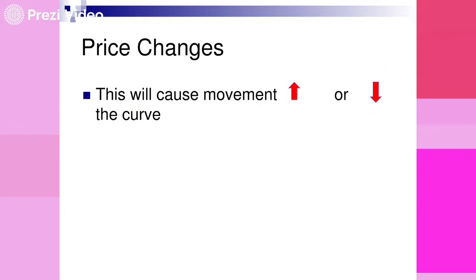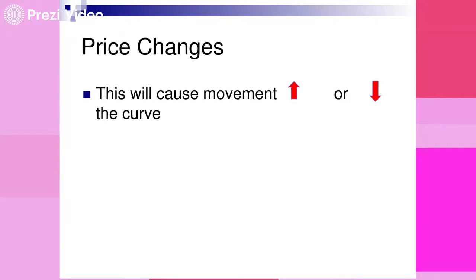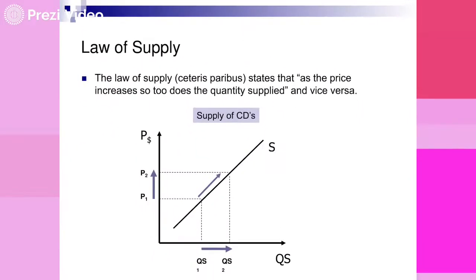So any price change, this is the same for the consumer topic, any price change will cause a movement along the curve. Okay, so not a shift of the curve, that's what we're going to do next. This is a movement along the curve, and it looks like this. So we have our P1.